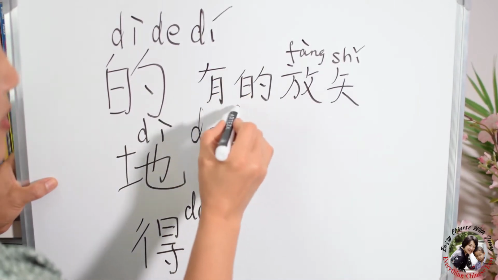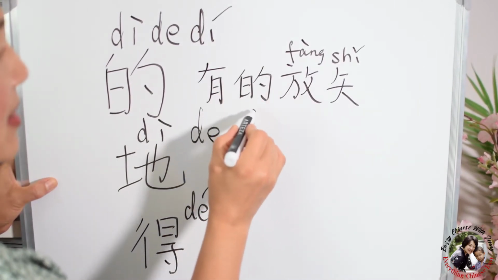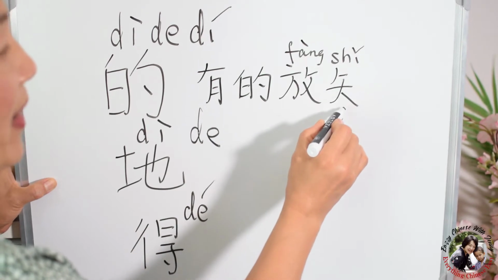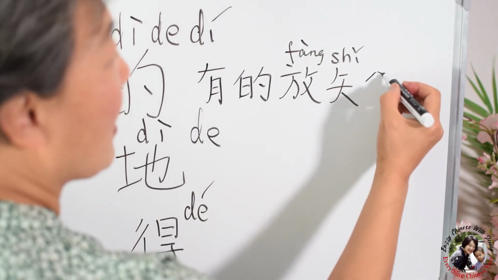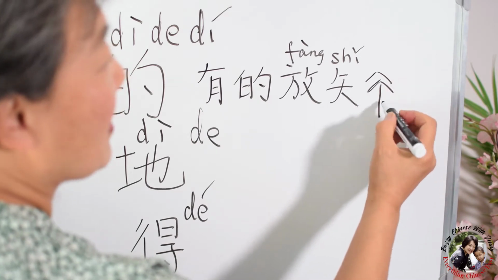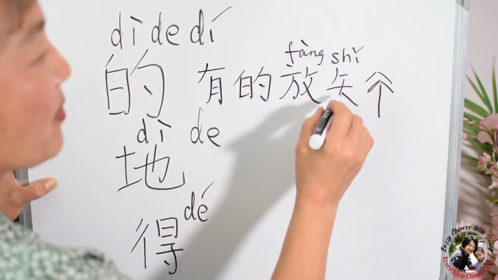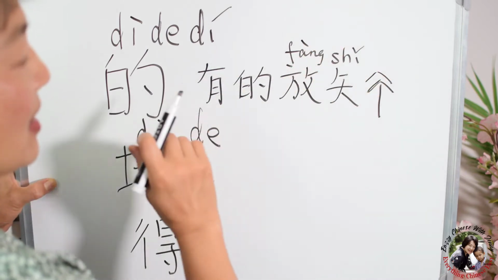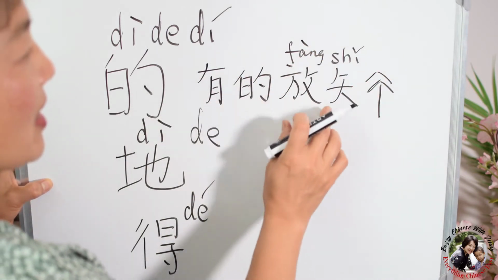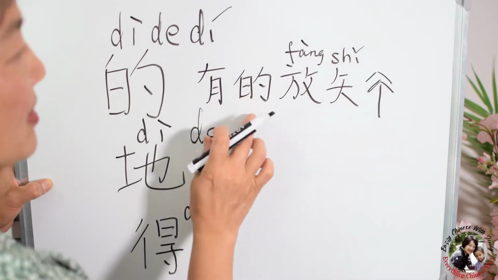Have the target. Once you have the target, you release your arrow. This is from the Asian bow and arrow in this image. Fang means release, let out the arrow when you have the target.